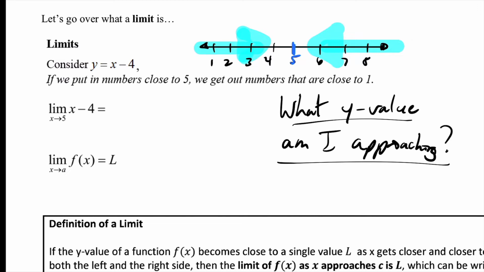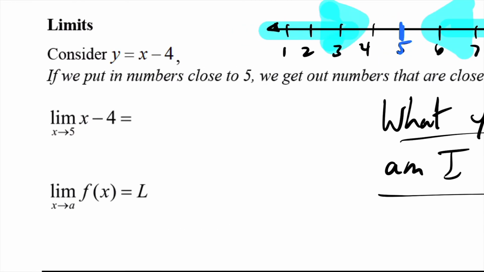Every time I plug those in here, what y value am I coming closer to? 1. Because as I plug in numbers closer and closer to 5, my answer is getting closer and closer to 1.